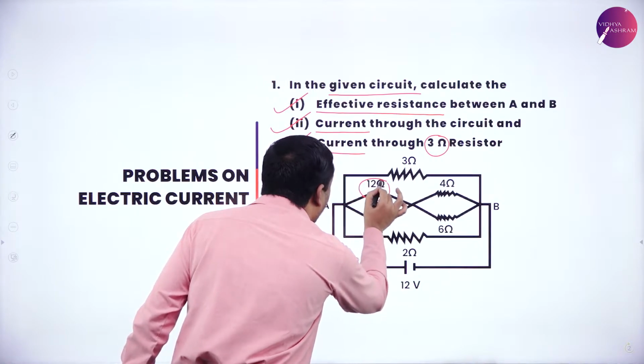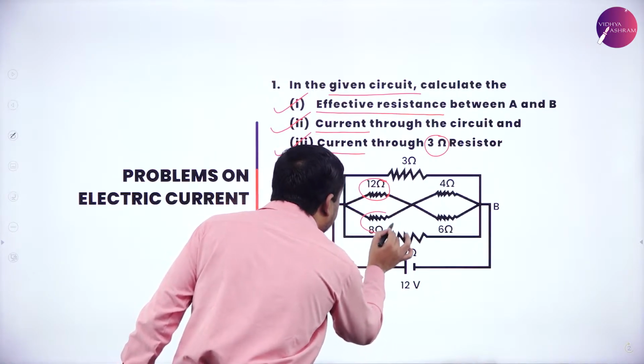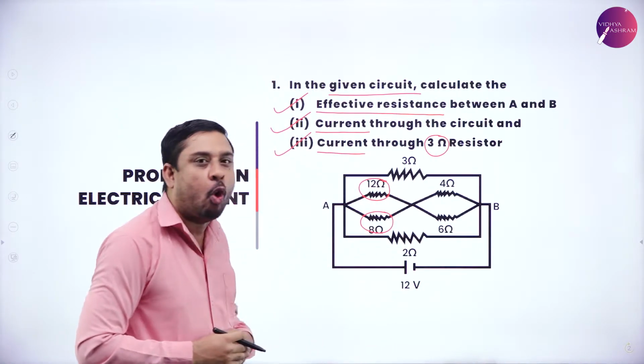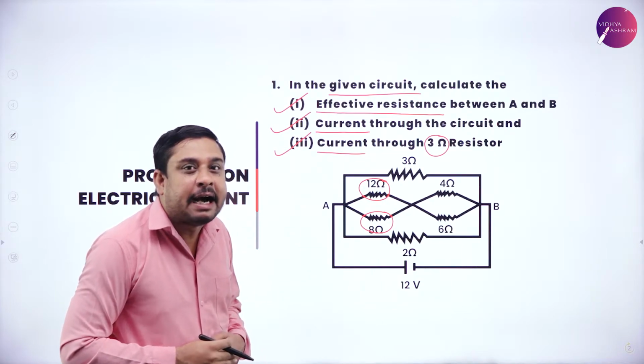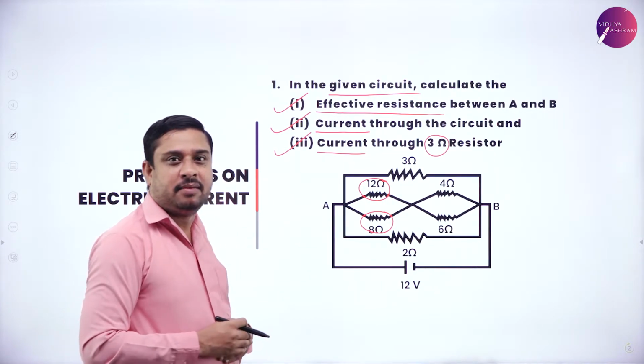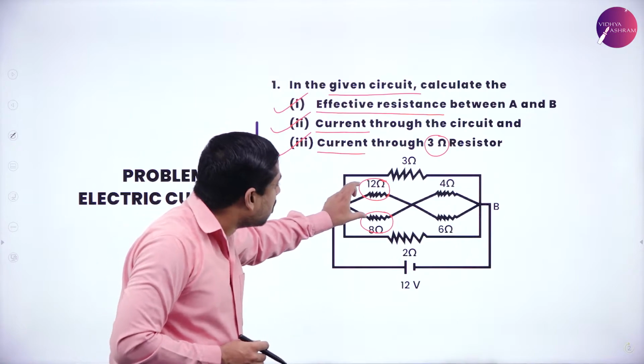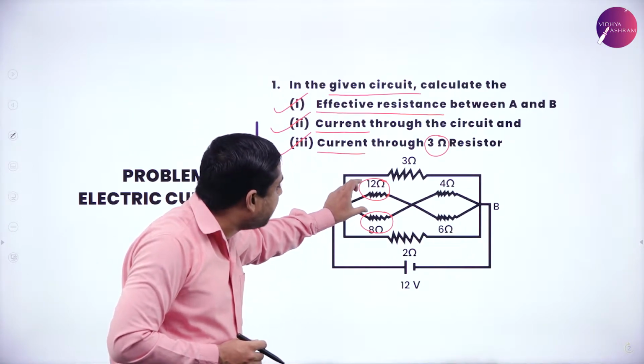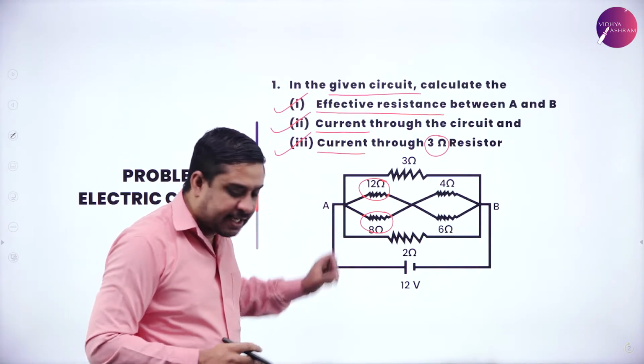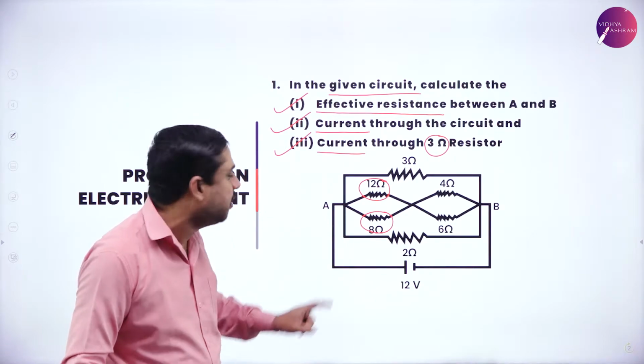This 12 ohms and 8 ohms are connected in parallel. So first, I will find the effective resistance here.